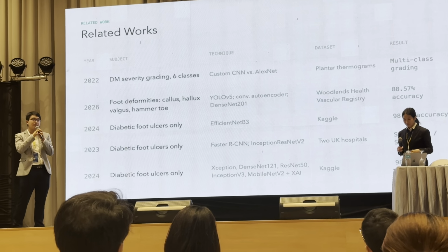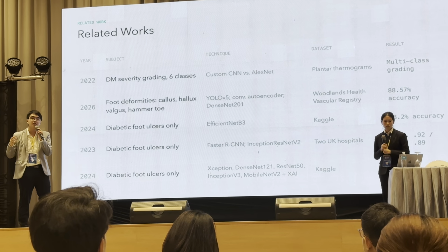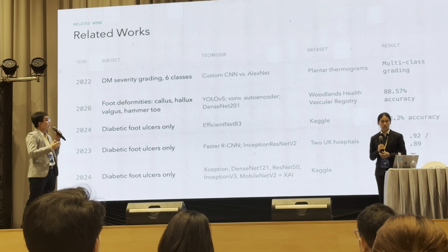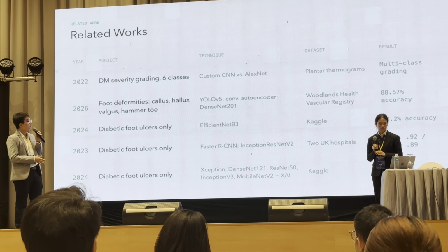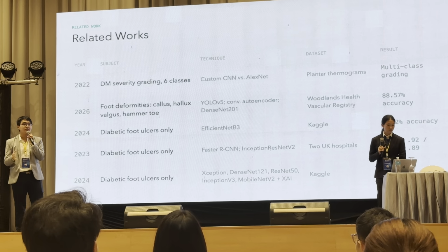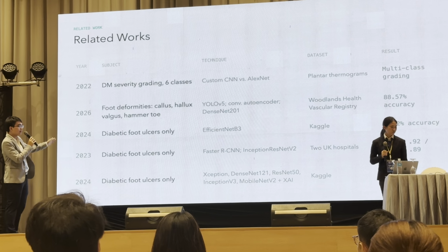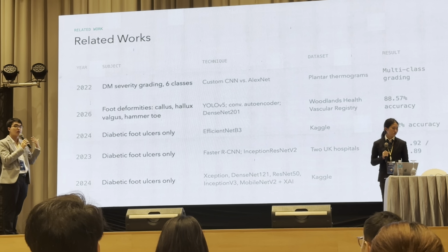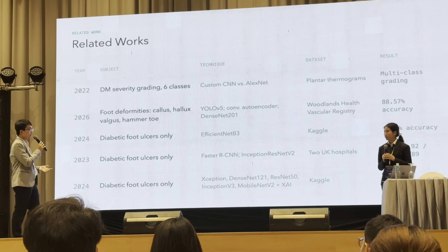So, classification using CNNs is no new technique. It has been used and applied in various AI methods and in various health fields already. And as you can see here, diabetic foot ulcers have been commonly studied using various methods and through many data sets.